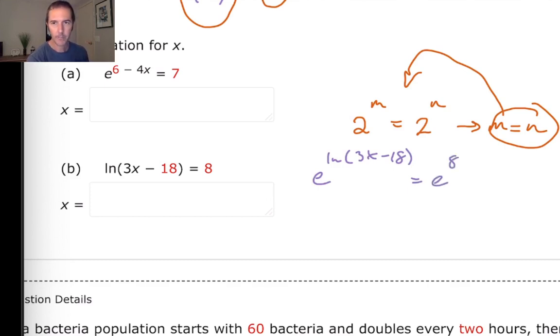Why did we do that? Because e to the power of and natural log are inverse functions, much like squaring and square rooting. They kind of cancel each other out. Here the e and the natural log are going to cancel each other out, leaving us just with 3x minus 18 on the left-hand side.